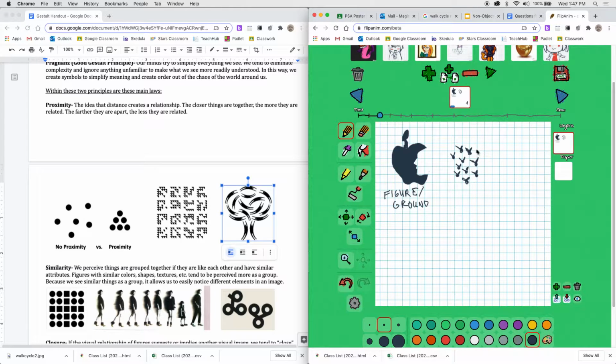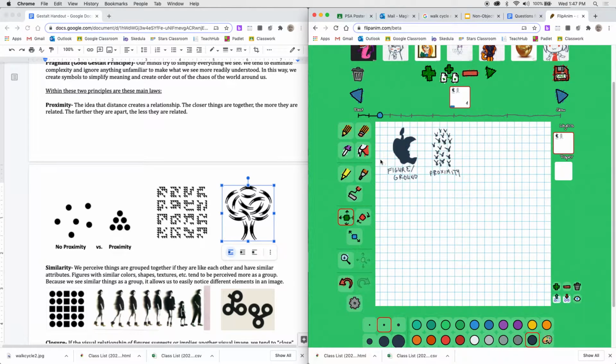Maybe I could create a logo that was the shape of a bug spray can, and because they're close enough together, I'm starting to group them all as one thing. So proximity is basically a grouping of something that we read as one because they're so close together. Proximity, okay?